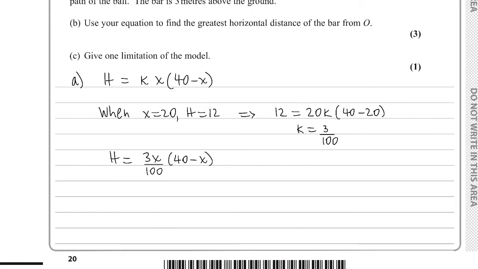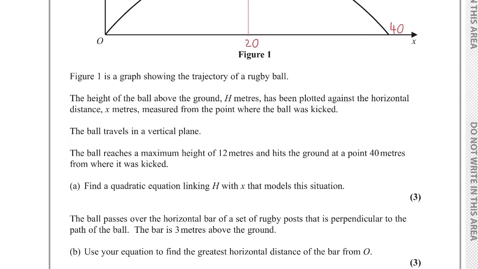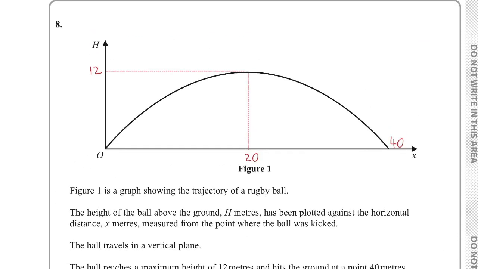Now the ball passes over the horizontal bar of a set of rugby posts perpendicular to the path, and this is 3 meters above the ground. The bar is 3 meters above the ground. So I could actually draw the bar. It's 3 meters above ground. It could be here, or it could actually be on the other side of the graph.